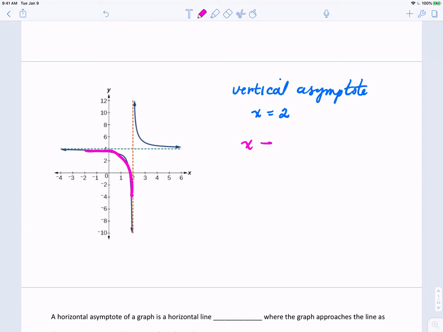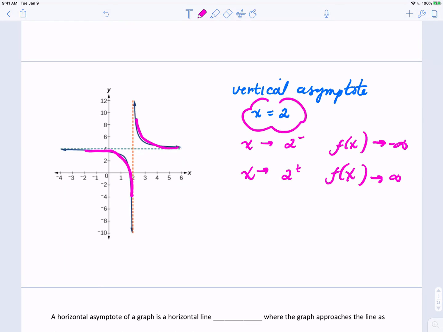So as x approaches 2 from the left, the function is approaching negative infinity. And as we approach from the right, the function is approaching positive infinity. That makes the line x equals 2 a vertical asymptote.